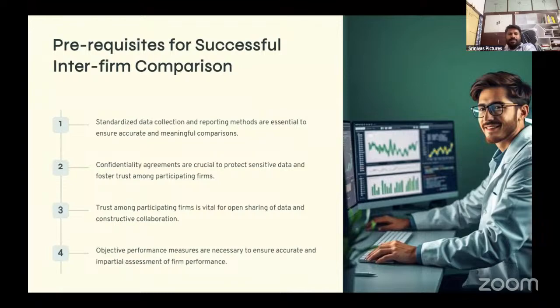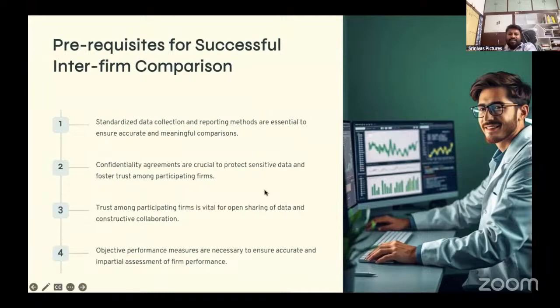Prerequisites of successful inter-firm comparison. First, standardized data collection and reporting methods are essential to ensure accurate and meaningful comparison. Confidentiality agreements are crucial to protect sensitive data and foster trust among the participating firms.